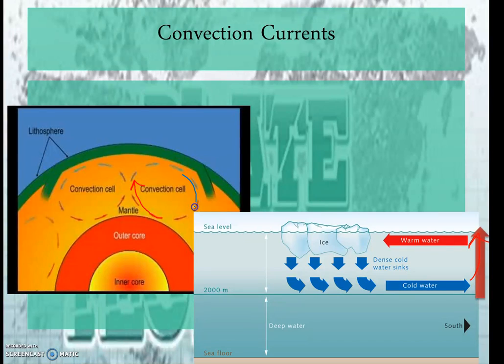The cool rock sinks in the earth, and you can see here the water gets cooled by the ice, and the cool, dense water sinks. So they operate in the same way. Warm material rises and cool material sinks. The difference is what we just talked about. In the ocean, it's water rising and sinking, and in the earth, it's hot molten rock rising and sinking. That's the big difference. So that's all we have for today.